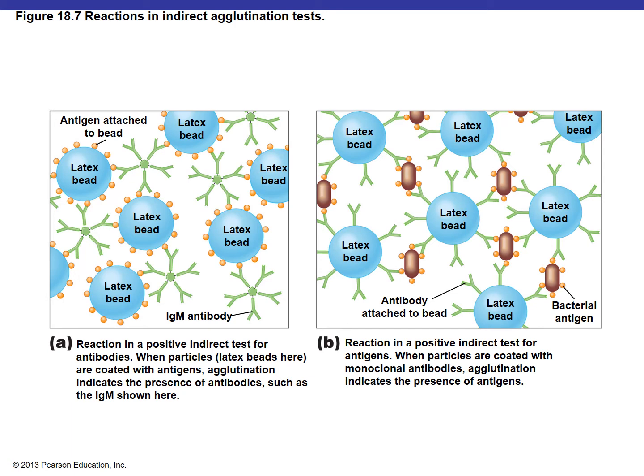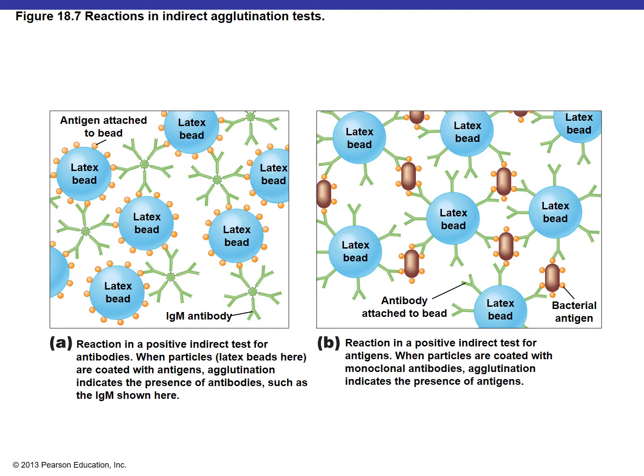The latex beads are covered with the antigen. If the antibody is present, it would clump those latex beads together, and you would see agglutination. You would see the clumping.